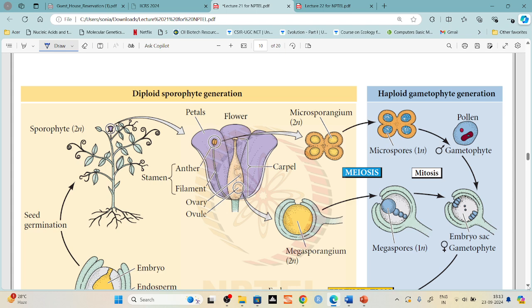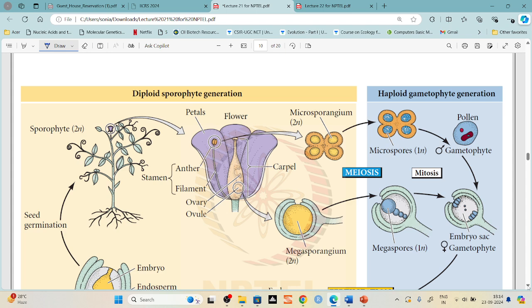So this carpel is the female reproductive organ, and this stamen is the male reproductive system. Now here you can see that this stamen consists of anther and filament. This carpel has ovaries which have ovules.